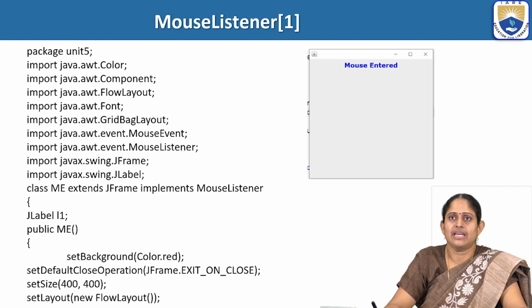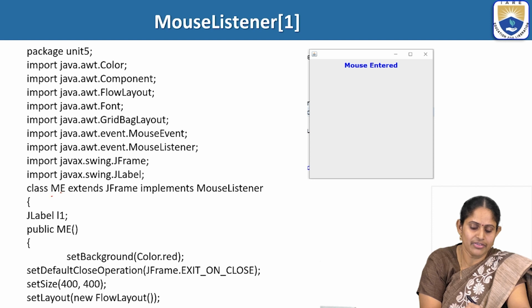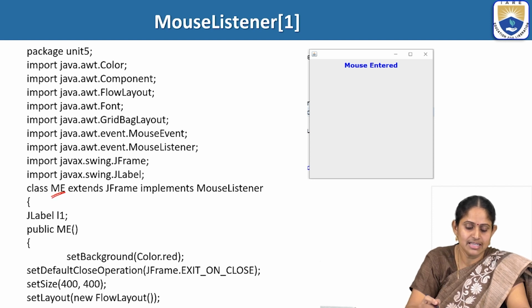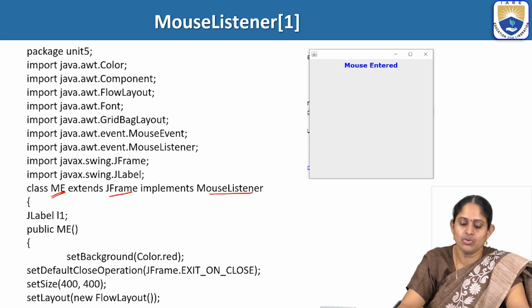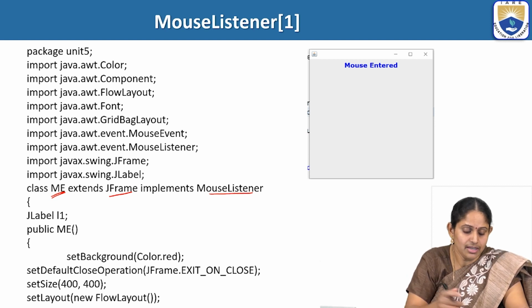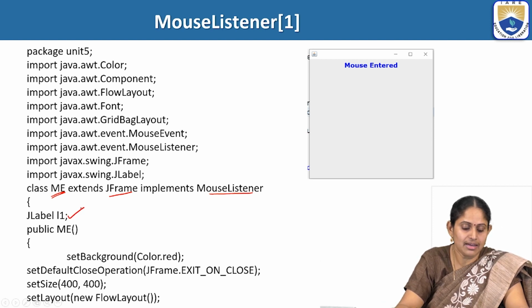Now let's look into an example for implementing the mouse listener. In this class, I have defined a MouseEvent class which extends the JFrame and implements the mouse listener. We are defining a label named L1, a JLabel.